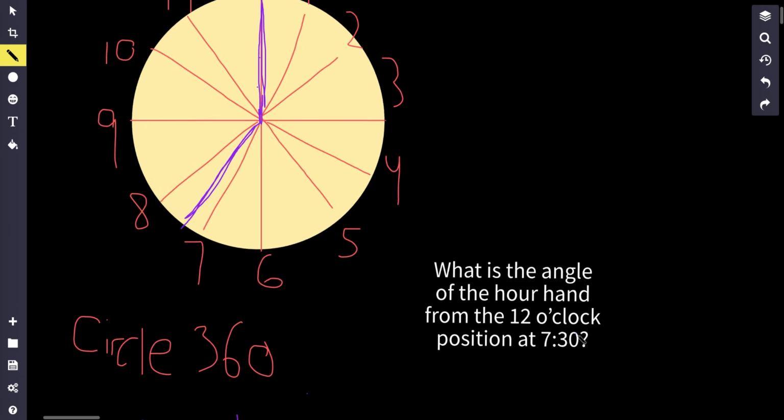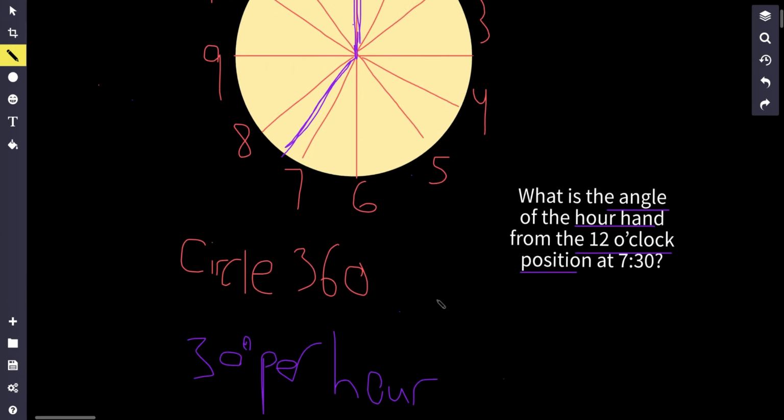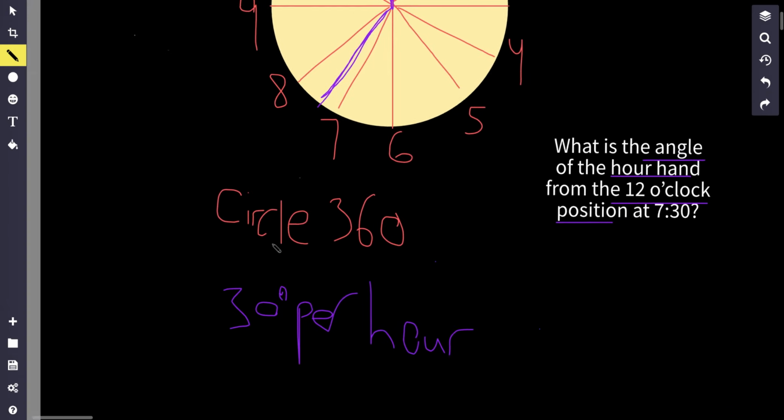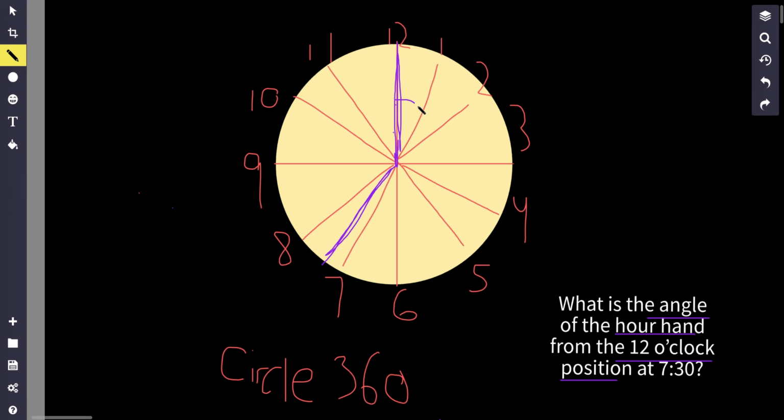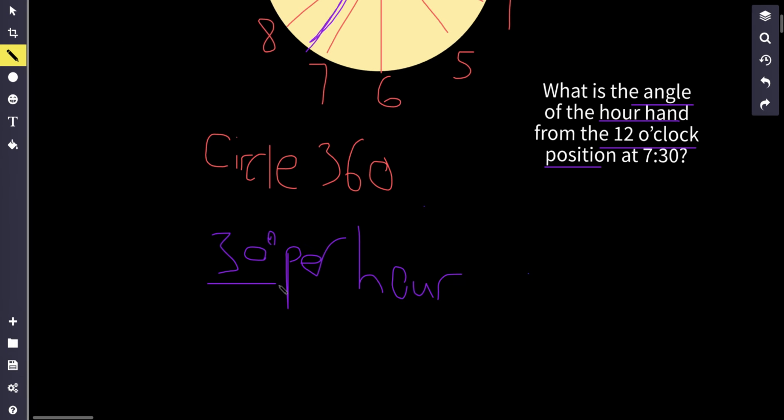Well, if the problem just said, what's the angle of the hour hand from the 12 o'clock position at just 7 o'clock, well, that's easy, right? Because we know that in our circle, we just said before that every hour is increased by 30 degrees because there's 12 hours in this clock, right? So it's 30 degrees per hour.